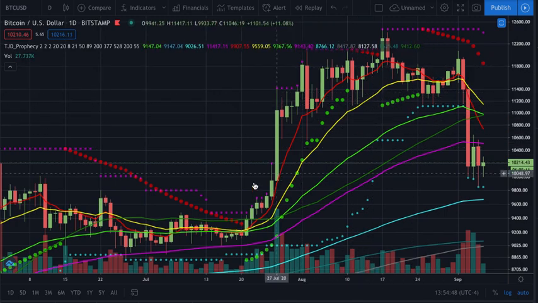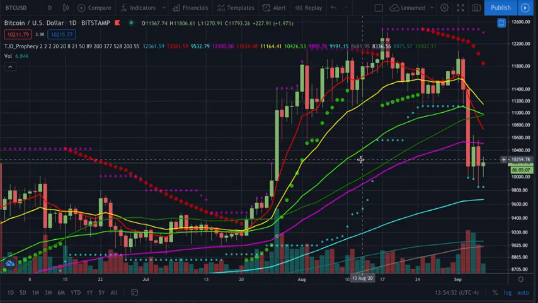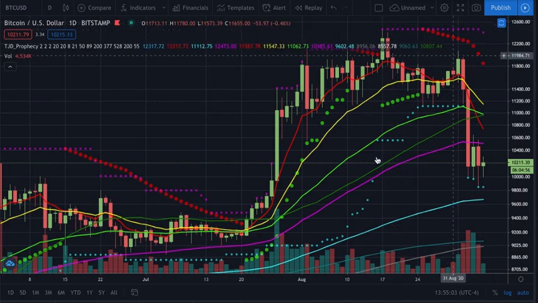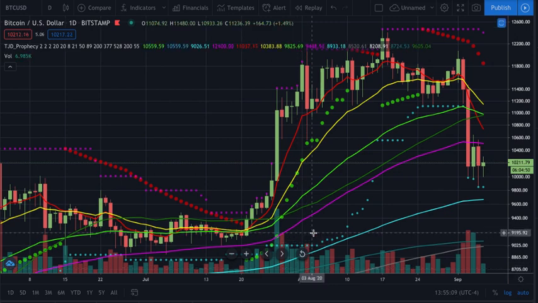And then you'll notice also we have the red and the green dots. That's the parabolic SAR. The red's the resistance and the green is the support. And then finally we have the binary pivots, and those are the purple dots and the blue dots right here. And essentially those again are support and resistance, but just a different way to measure and calculate them.